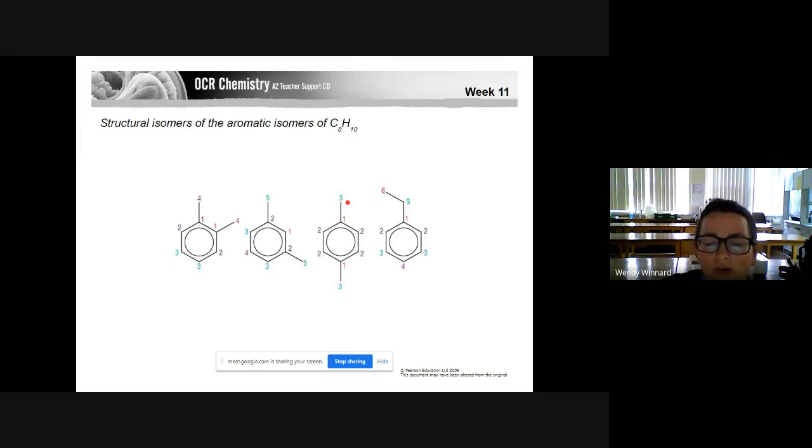So that would only have 3 peaks in its carbon NMR spectrum. Whereas this molecule here, ethylbenzene, will have 6 different environments. The best way to do this is to draw out the full structures rather than the skeletal structures, and you might be able to see it a bit more clearly.